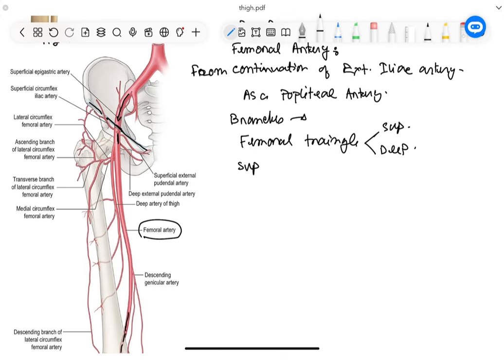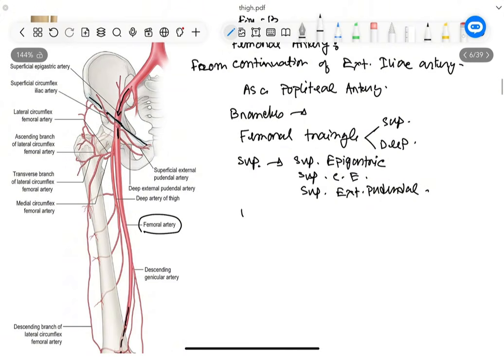Superficial we already discussed. I am writing the superficial branches as a shortcut: superficial epigastric, superficial circumflex iliac, and superficial external pudendal. These are the superficial branches, and there are three deep branches. What are they?